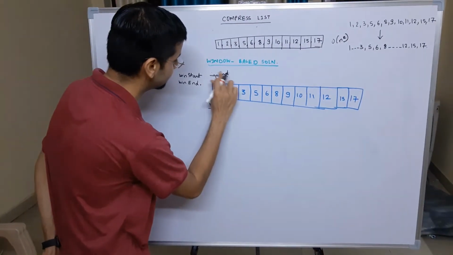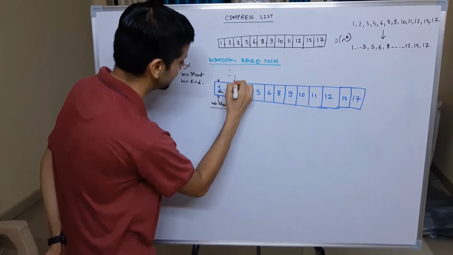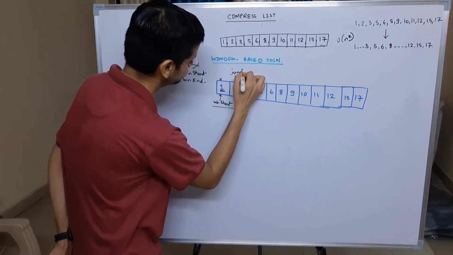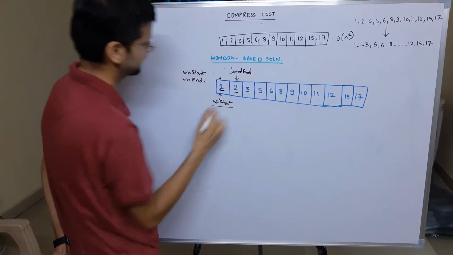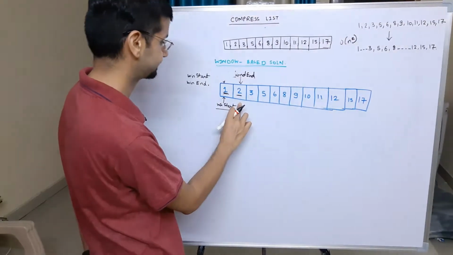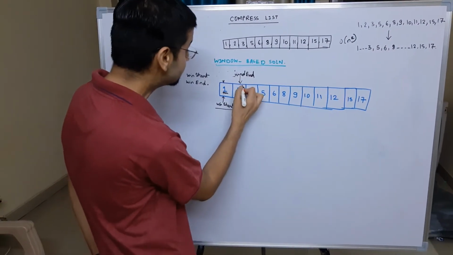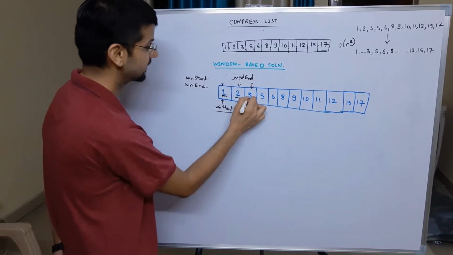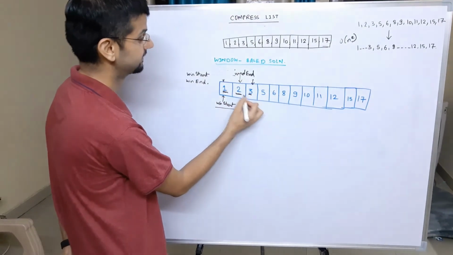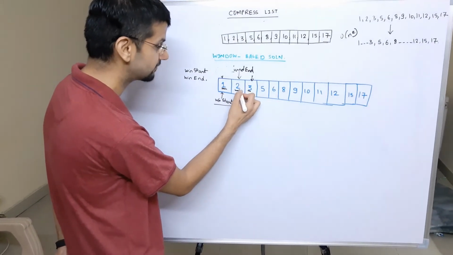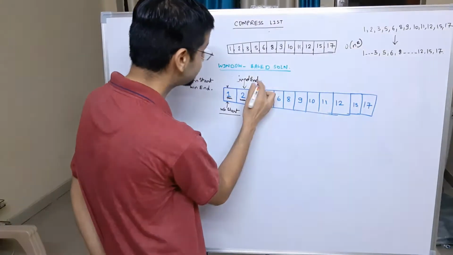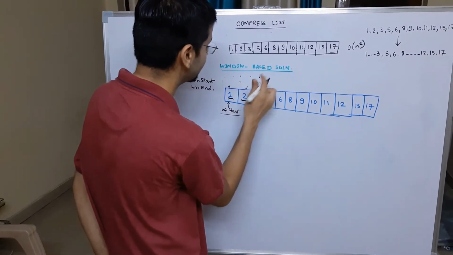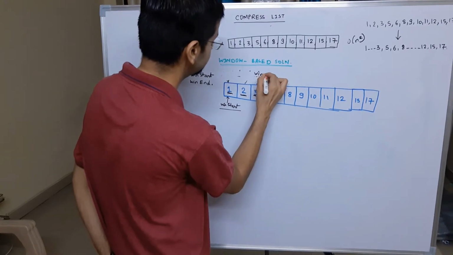So we move the window end from here to here. We have landed here. Now again we'll check whether the next element, which is 3, is 1 plus the current element. If yes, we'll increase the scope of our window end and we'll move it here.